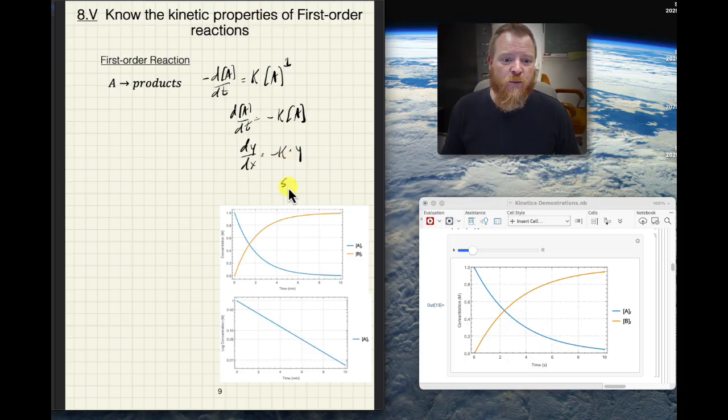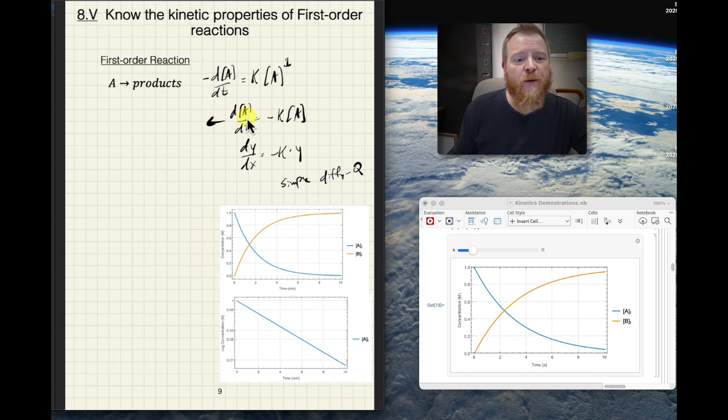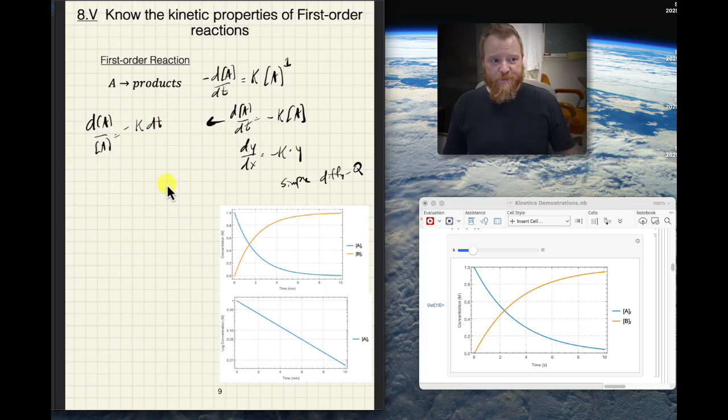This is what we would call a simple diffy q, for differential equation. Now working from this version, we're going to end up with dA divided by A equals negative k dt. And now our goal is to integrate both sides from some initial condition to some final condition.